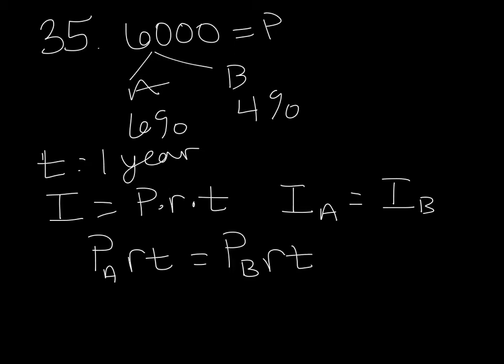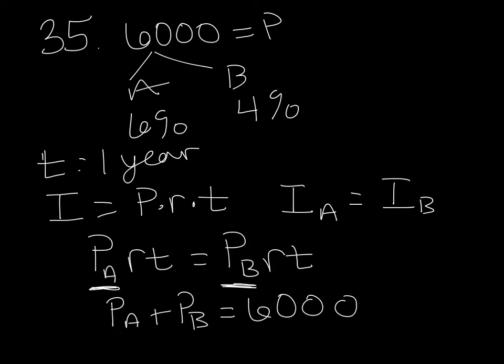The difficult part about this is that we don't exactly know what PA and what PB are. Okay. What we do know is that PA plus PB, meaning those are the two principal amounts, equal a total of $6,000.